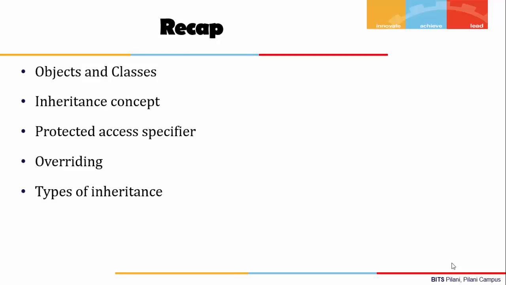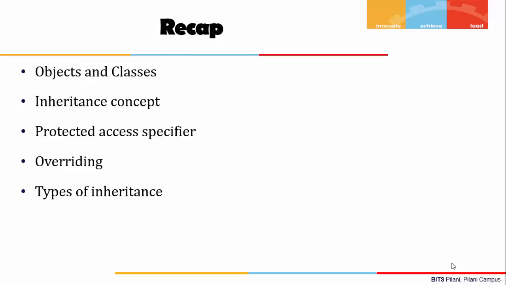So we have discussed access specifiers in detail, private and public, and when we came to inheritance, we discussed the protected access specifier. When the access specifier is protected, any class which is inheriting from the base class will have access to the protected members, but any external class would not.